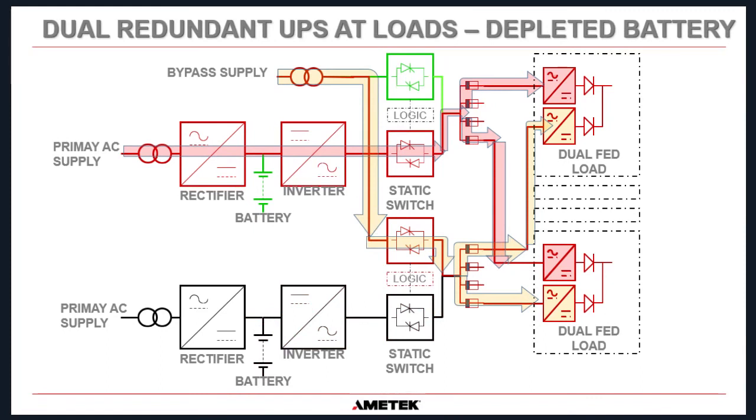I think I said that wrong. So the top power supply is fed from UPS-A inverter, and the bottom power supply is fed from UPS-B bypass. You can do that on this system because it's only the DC outputs that are connected in parallel. Hopefully that makes sense.